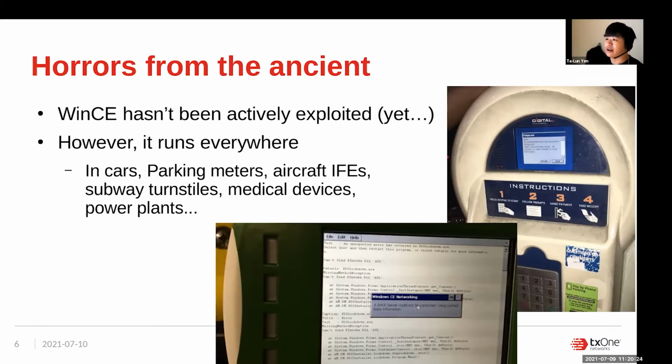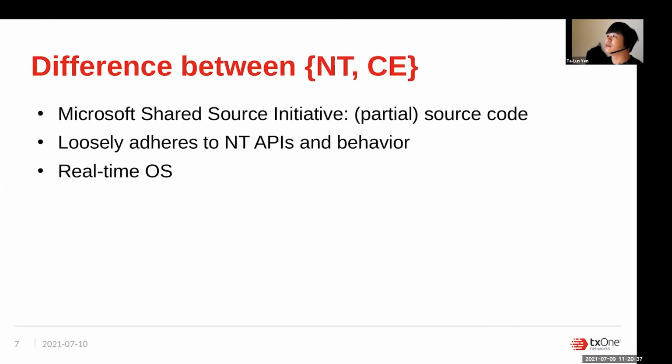It runs everywhere, like in your car, in parking meters, in some aircraft entertainment systems, in subways, trains, medical devices, or even power plants. And the main difference between NT and CE: Microsoft has a plan called the Shared Source Initiative, where you only have to check a checkbox while installing the CE SDK, and you will get some private source code.